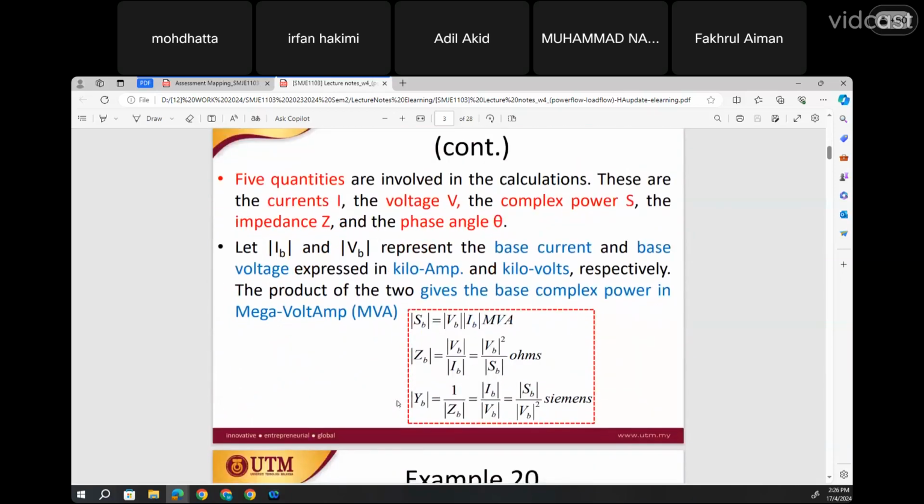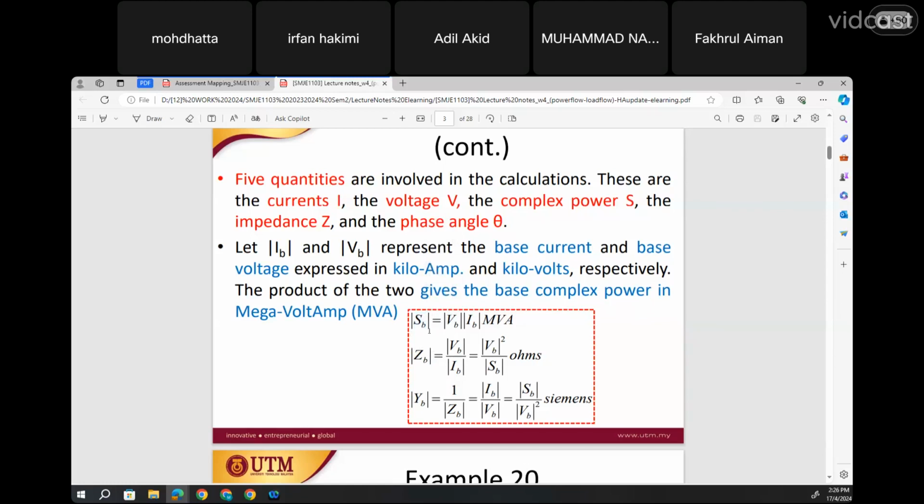All right. Here it says 5 quantities are involved in the calculations: current, voltage, complex power, impedance, and phase angle. If you look at the red box over here, this is how we have our base values. Normally the S base, or the apparent power, is given in the question.